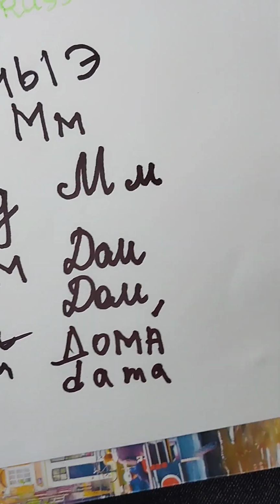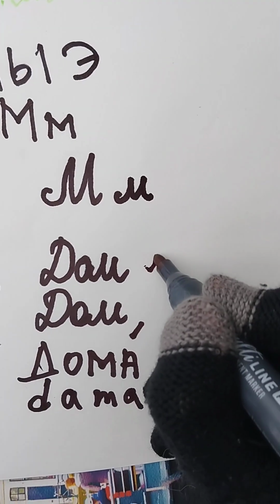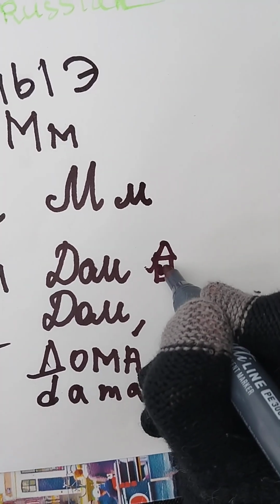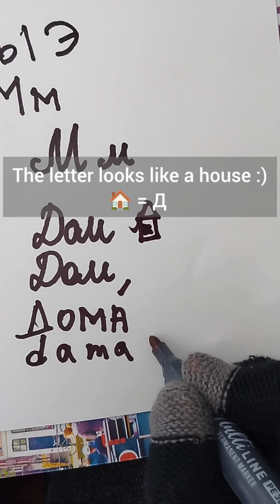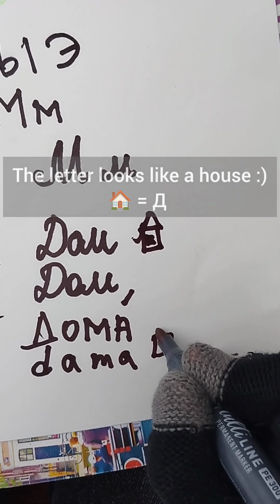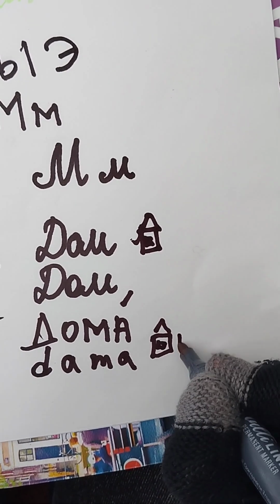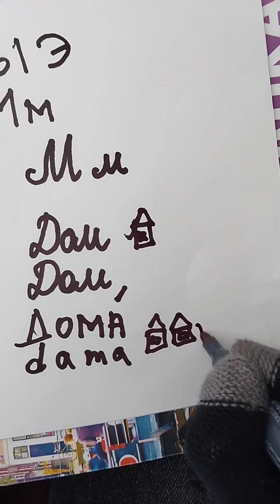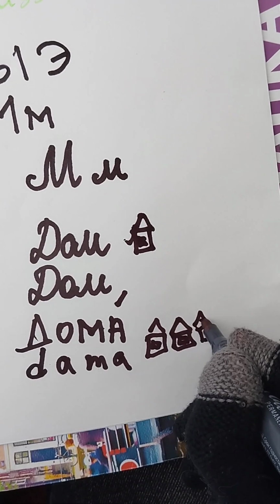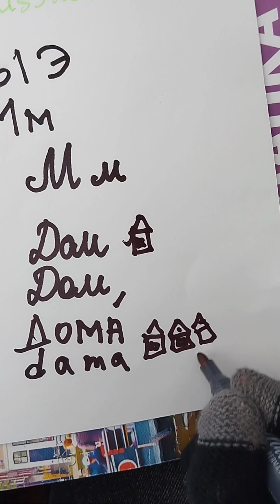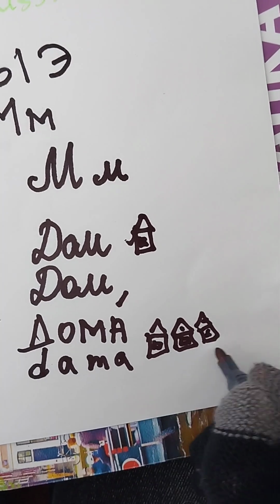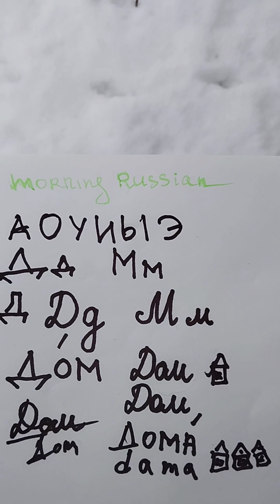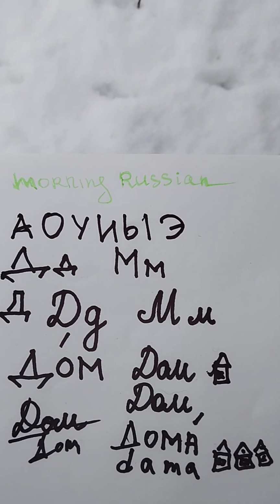Дома. One house: dom. And several houses: дома.